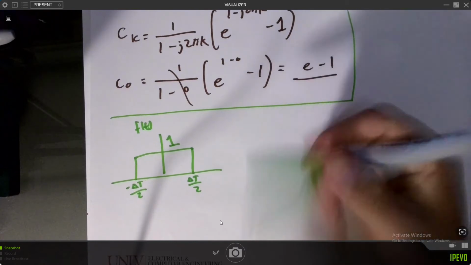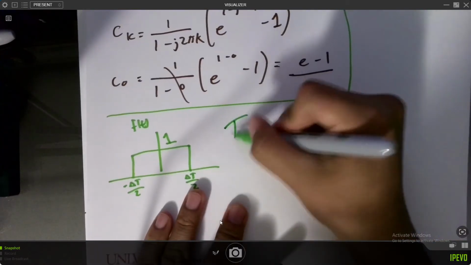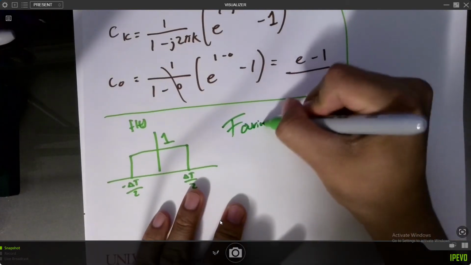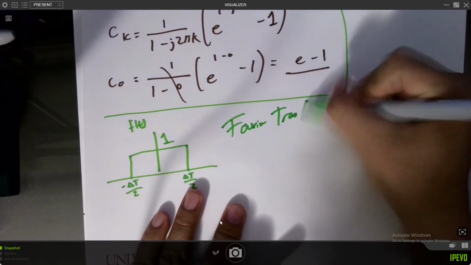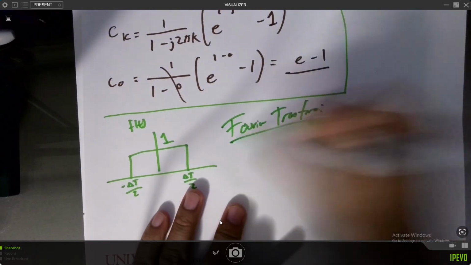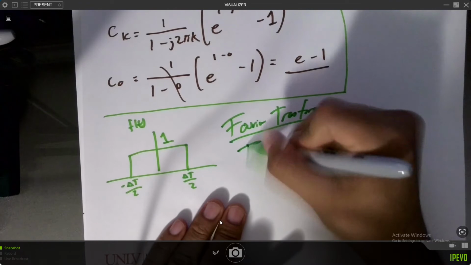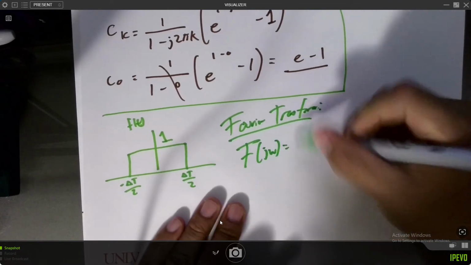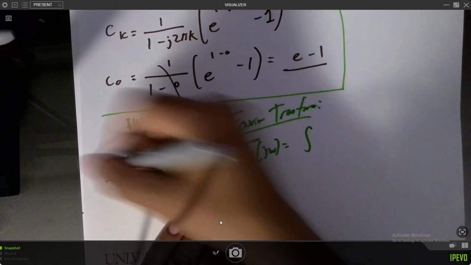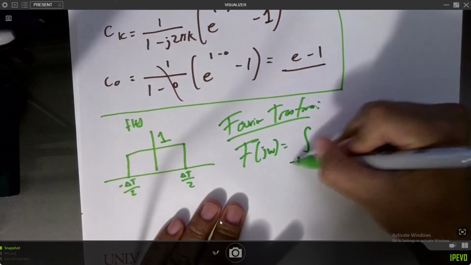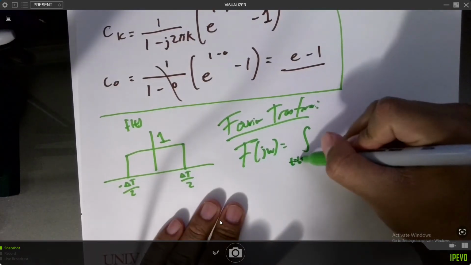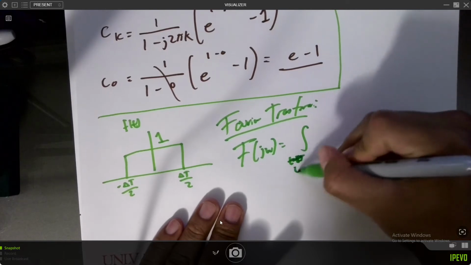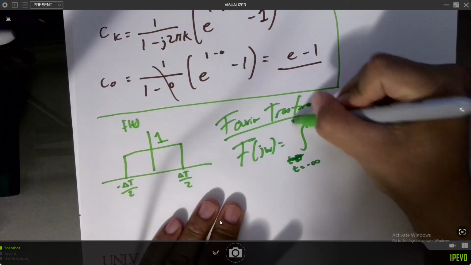And that's simple, the Fourier transform. The definition is, well, F of j omega is equal to, you're going to look at the entire signal from t equals minus infinity to t equals infinity.